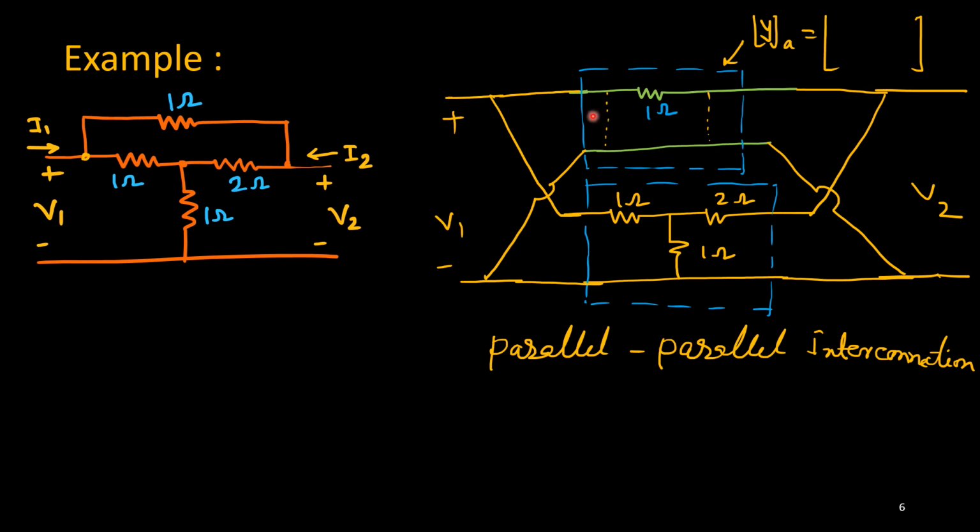This impedance is infinite. This impedance is infinite. So it's open circuit, and this impedance is 1 ohm. So it's admittance parameter. You know that admittance of this one plus admittance of this one is 0. 0 plus 1 by 1 is also 1. So 0 plus 1 is 1.